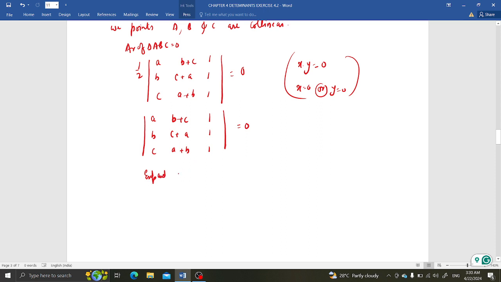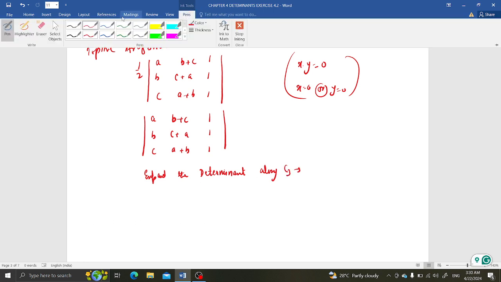We need to prove that the area of the triangle is 0, so we take the determinant equal to 0 because we need to prove this thing has to be 0. So expand the determinant along C3. Now I'll change the color.